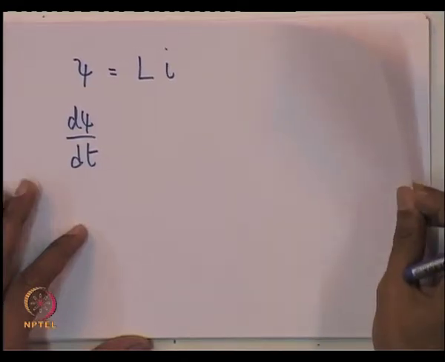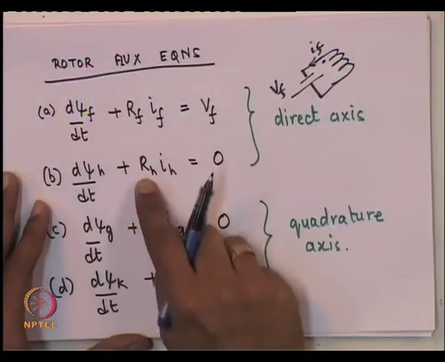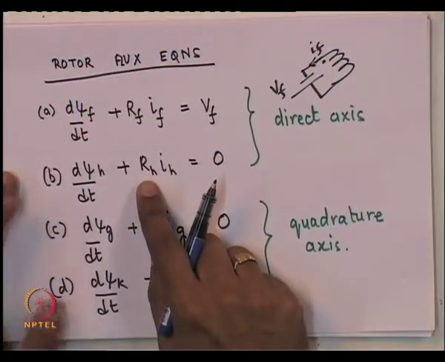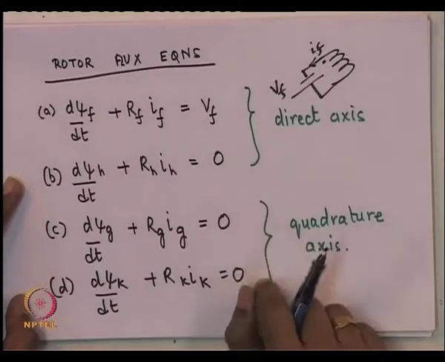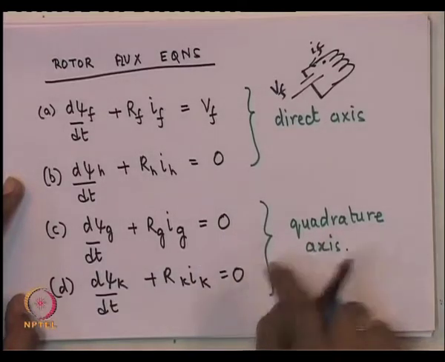In fact, if you look at the rotor equations of a synchronous machine, in the direct axis, the rotor equations are given by these two differential equations. Okay. In the quadrature axis, by these two differential equations. Okay.